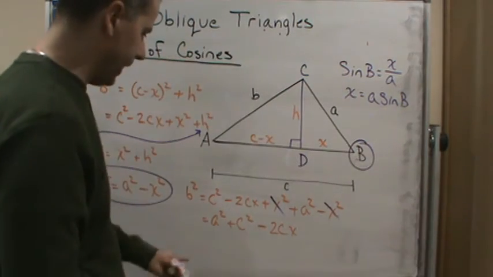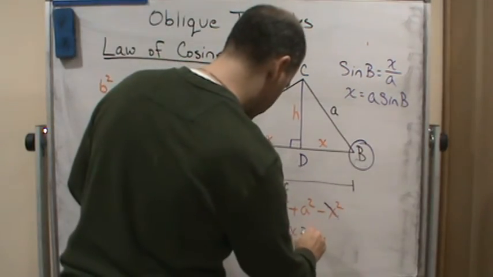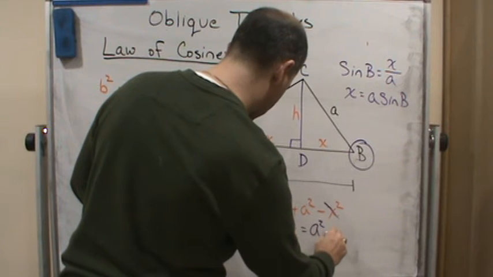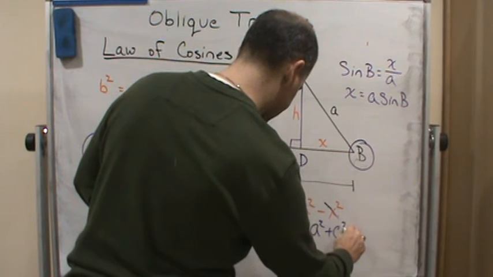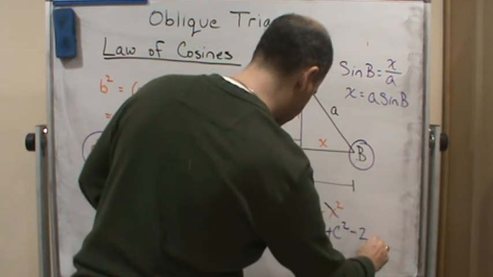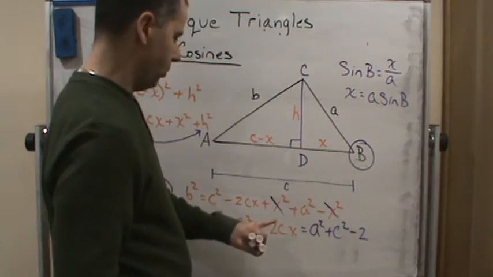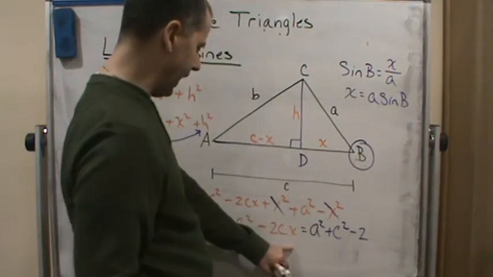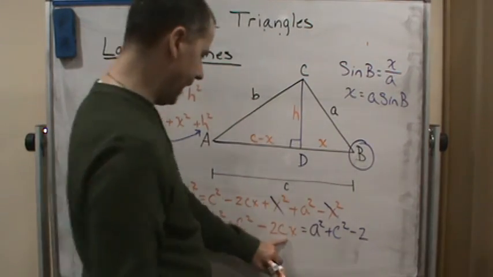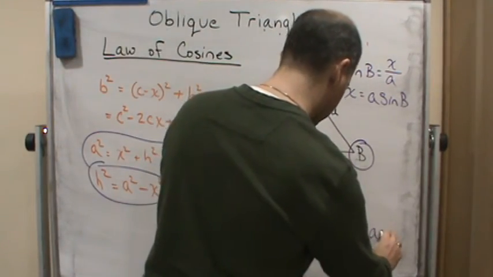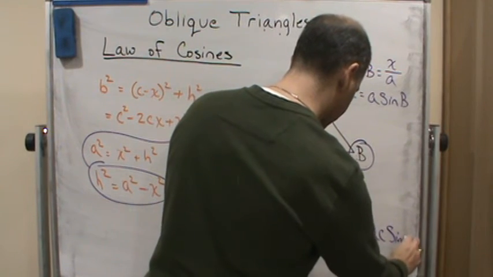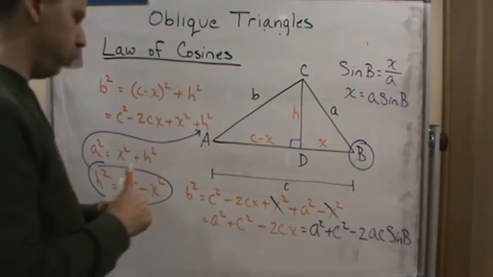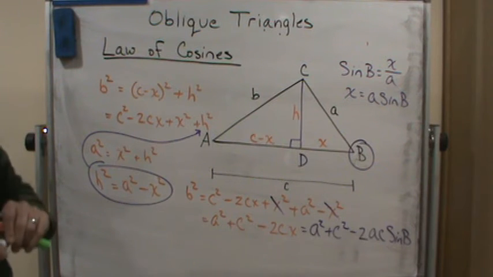Now let's plug that in here. So that's going to give us a squared plus c squared minus 2 times x, where x is a cosine b, so 2ac cosine b.